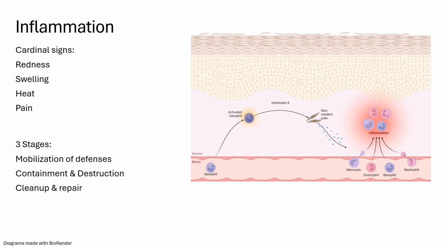This vasodilation allows excess fluids and cells to seep from the blood vessels into the damaged area so that the leukocytes and other cells can start their repair and cleanup. The excess fluids cause the swelling, the activity of the white blood cells causes the heat, and the vasodilation of the blood capillaries causes the redness.